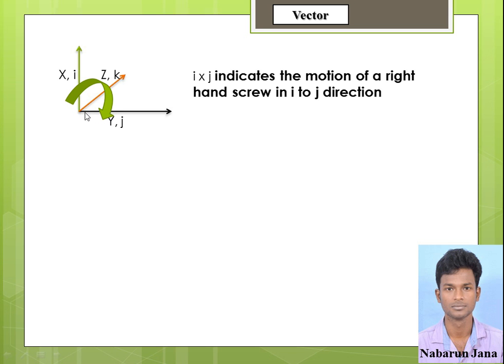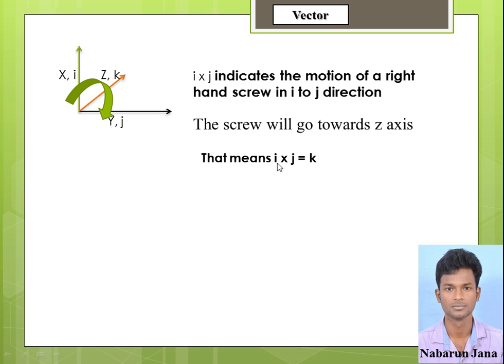Then it will move inward, towards the z direction. The screw will go towards the z direction. That means the direction of i cross j is k.